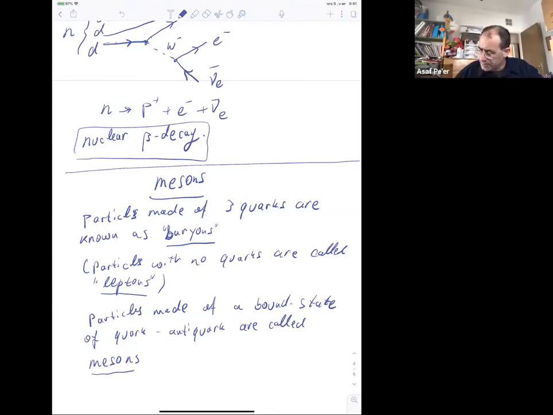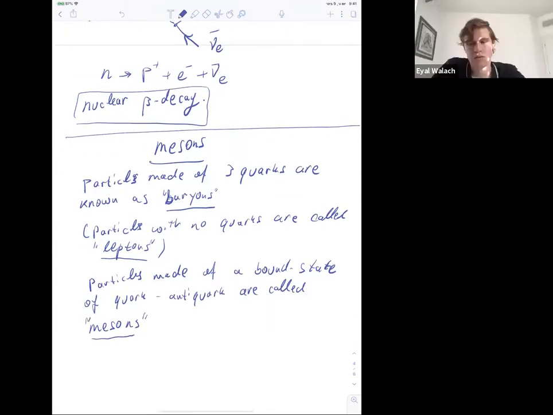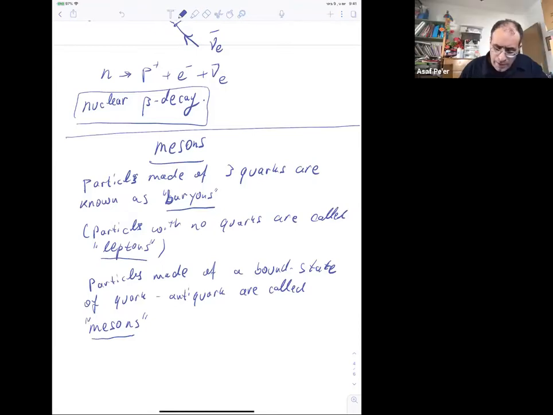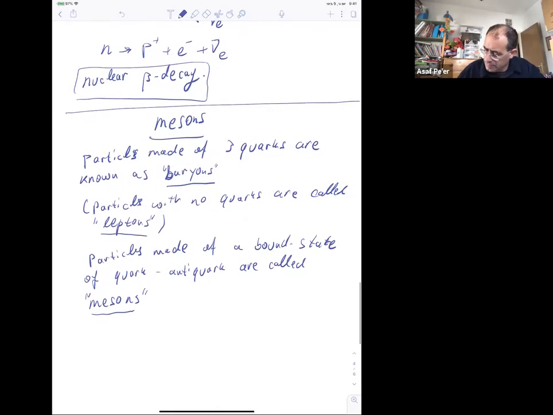So this means intermediate mass, right? And then together, bound states of quarks, so baryons and mesons, are collectively known as hadrons. So hadrons are a combination of baryons and mesons. And really, these are bound states of quarks.